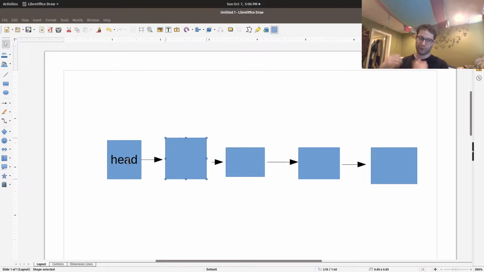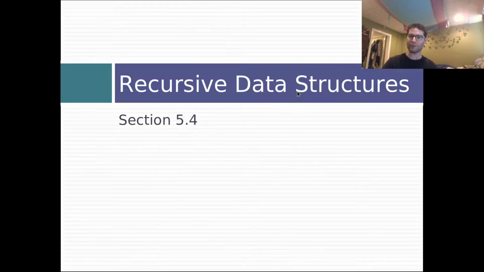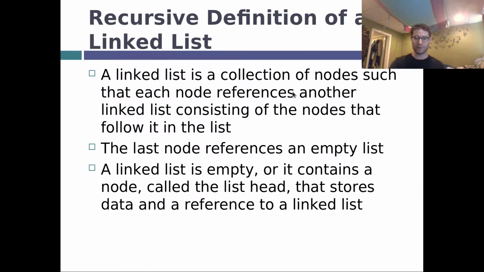It only knows if there's either null after it or the head of another, slightly smaller linked list. So a linked list is a collection of nodes such that each node references another linked list consisting of the nodes that follow it in the list. The last node is followed by an empty list. So we will program a lot of these methods recursively.